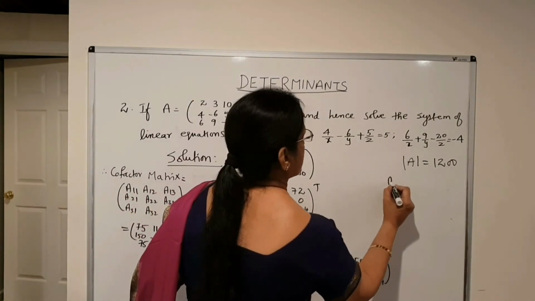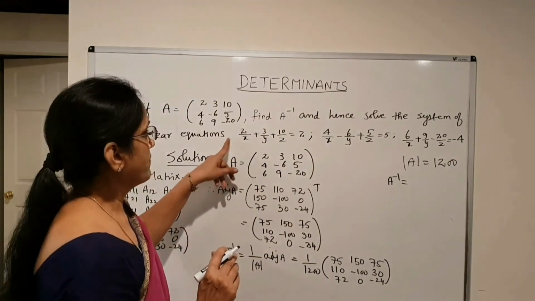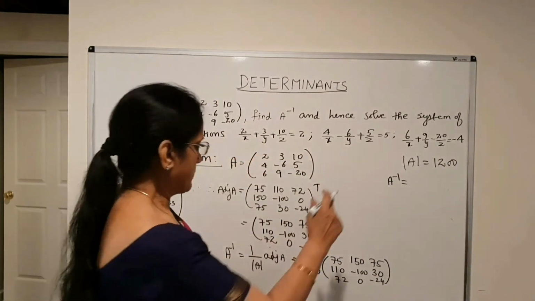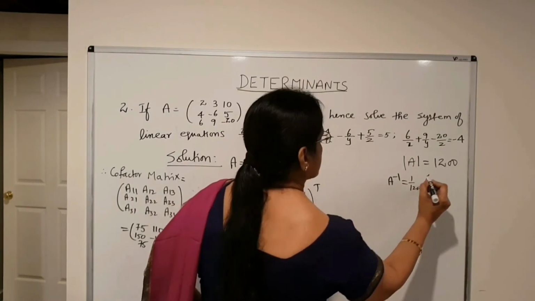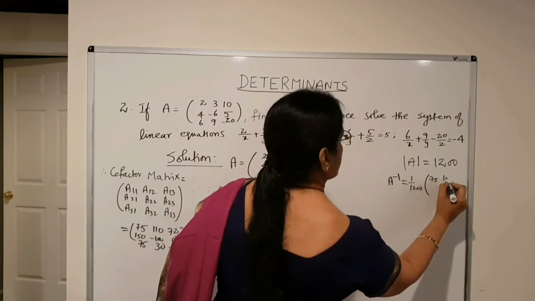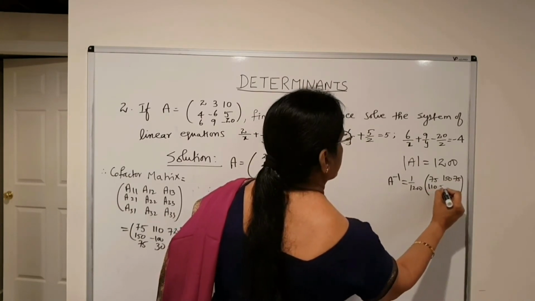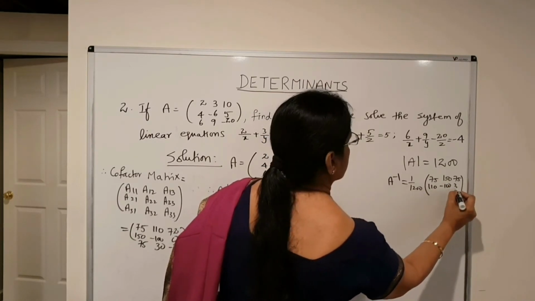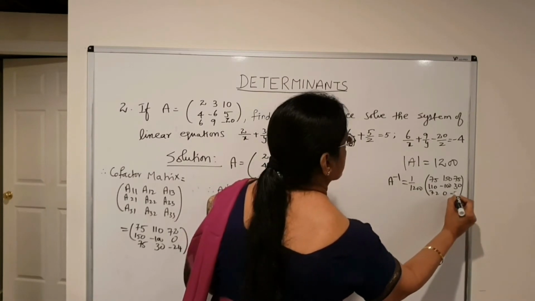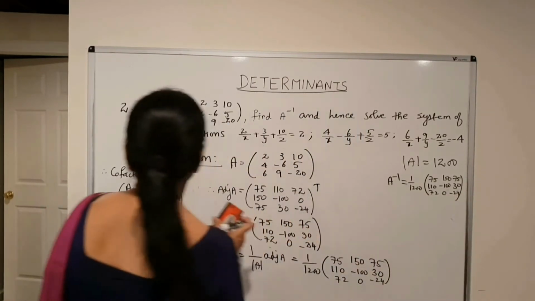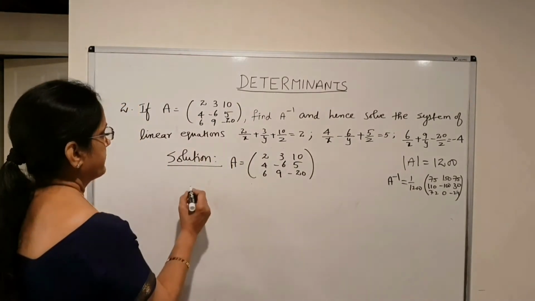Let me write here A inverse value, because I have to use this A inverse value in solving the system of equations. So let me write and keep it here. 1 by 1200 into 75, 150, 75, 110, minus 100, 30, 72, 0, minus 24. Okay, coming to the second part. First, let me make this assumption.